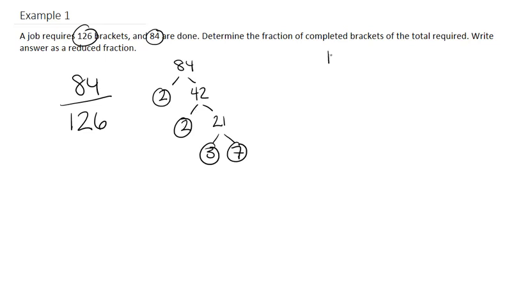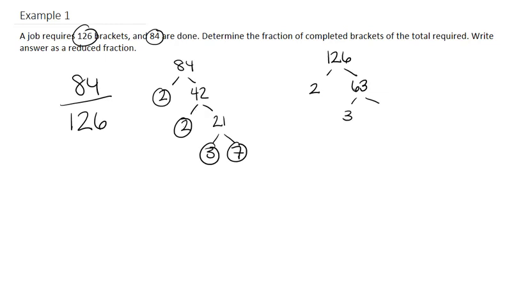Then we look at 126. Let's break this down. So 126 divided by 2. 2 can go into 126. Well, 2 can go into 12 6 times. And then 2 can go into 6 3 times. Then we look at 63. We see that it's not even, so we're probably going to have to go ahead and divide this by 3.